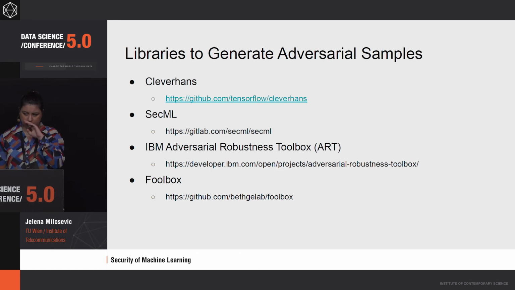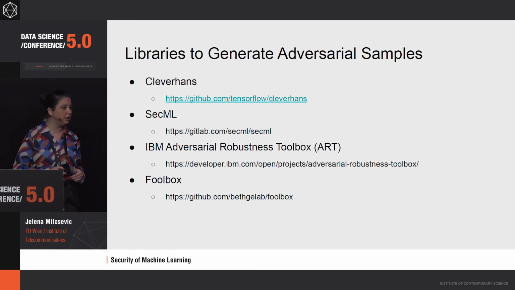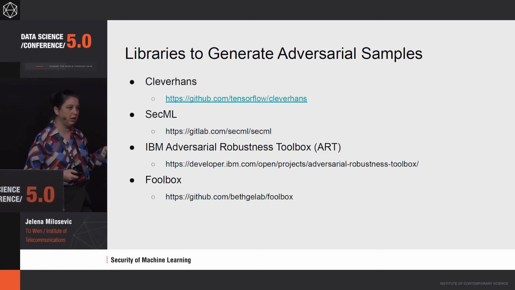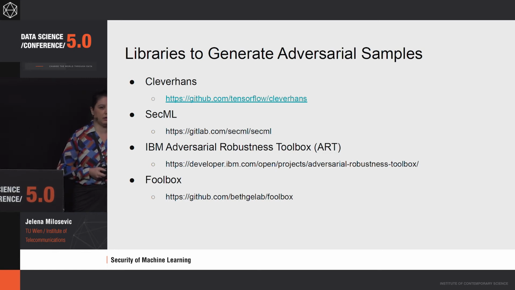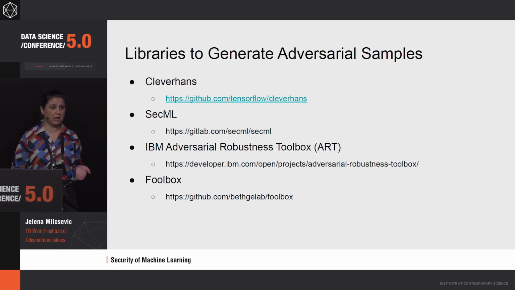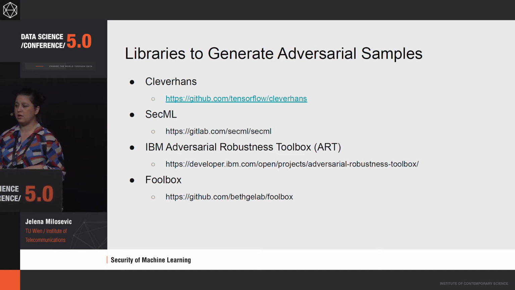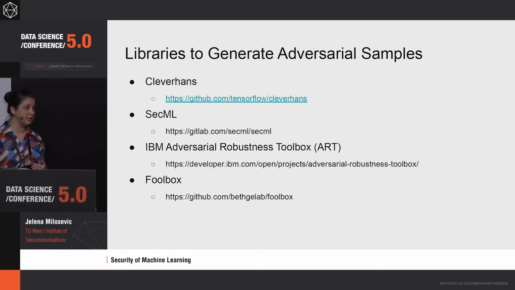So one thing that is the same with all of these attacks is that they are research efforts that are publicly available, and people can play with them and use these tools. And here I'm listing just a few libraries that have these attacks implemented, so everyone can use them to generate attacks, but everyone can also use them to check various defenses.